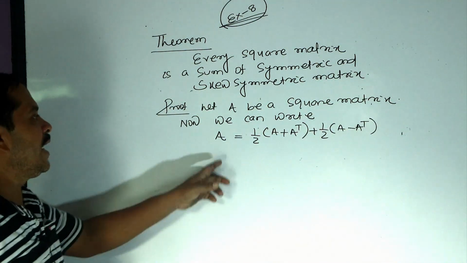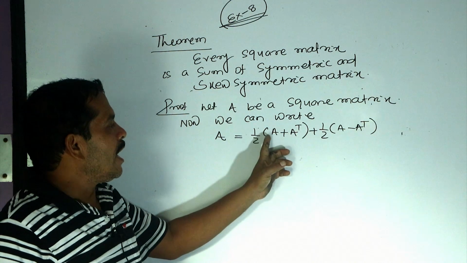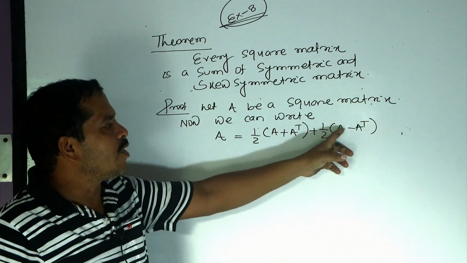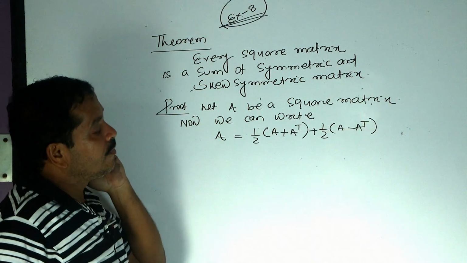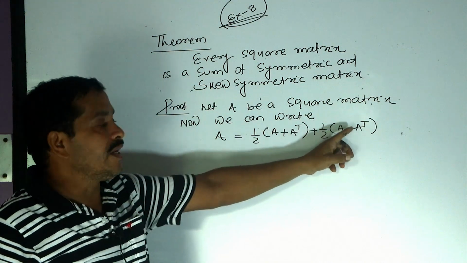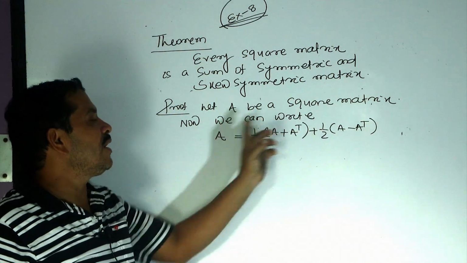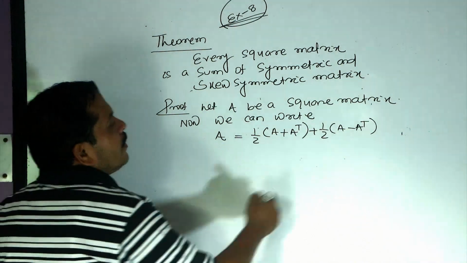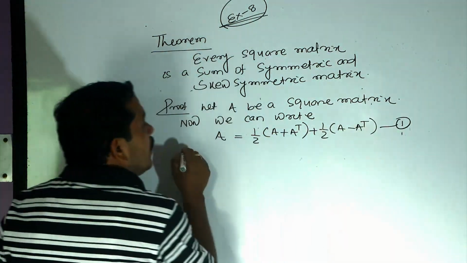We can express it this way because the A transpose terms will cancel, and half A plus half A equals A. This is equation 1.